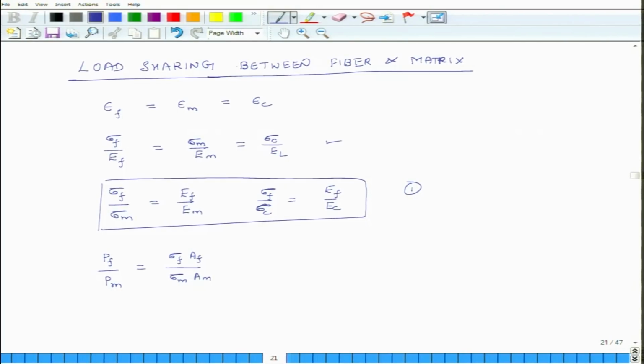Okay. Now, we just computed that this ratio of stresses is the same as EF over EM.